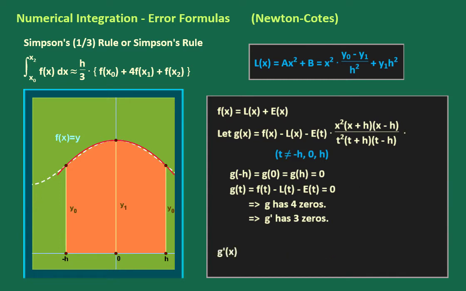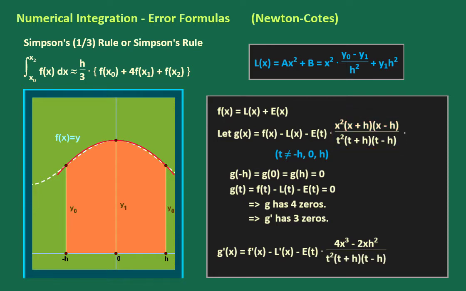We examine g prime of x, which is f prime of x minus capital L prime of x minus capital E of t times the derivative of this fraction. We only differentiate the numerator since that is the only part of the fraction that depends on x. Check that the derivative of the numerator is equal to 4x cubed minus 2x times h squared.